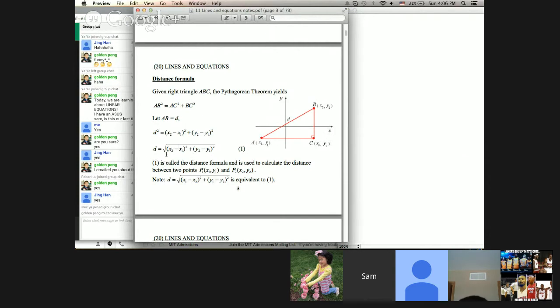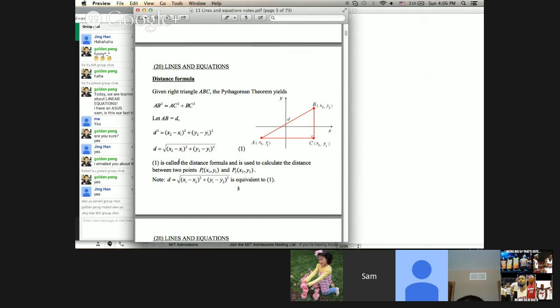So the distance is equal to the square root of (x2 minus x1) squared plus (y2 minus y1) squared. You have to keep it so that if you use x2 first, then you have to use y2 first.